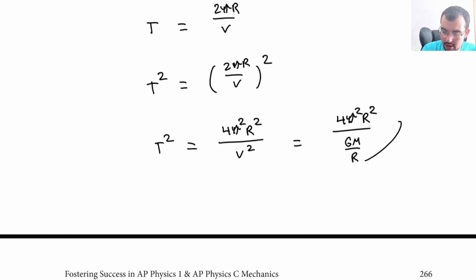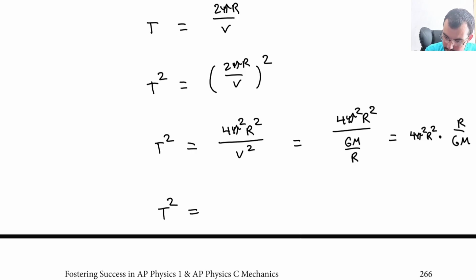So this r can swing up to the numerator, because if we do our fraction arithmetic, this would be 4 pi squared r squared times r divided by gm. So we'd get t squared is equal to 4 pi squared over gm times r cubed.